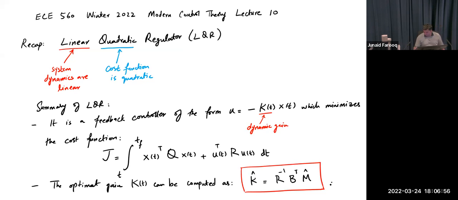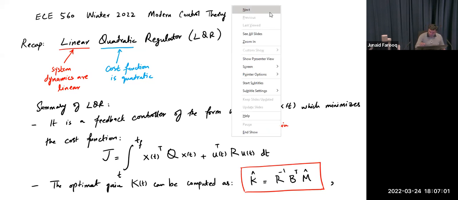And this M hat is actually a solution of another differential equation that we call the Riccati differential equation. So where M hat is the solution to the differential Riccati equation.